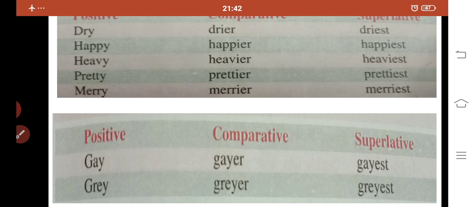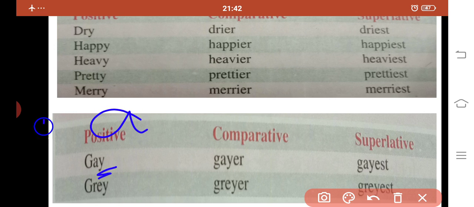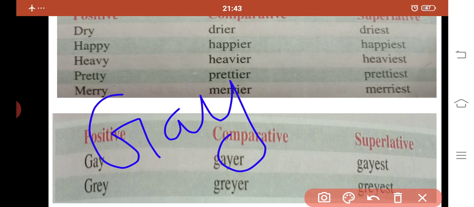But if the y is preceded by a vowel, here you can see this y is preceded by a vowel A. So we need not change it into I. When we add ER or EST, we need not change this Y into I because it is preceded by a vowel.